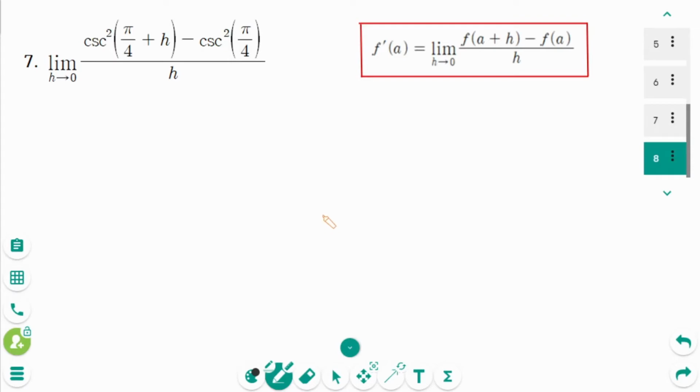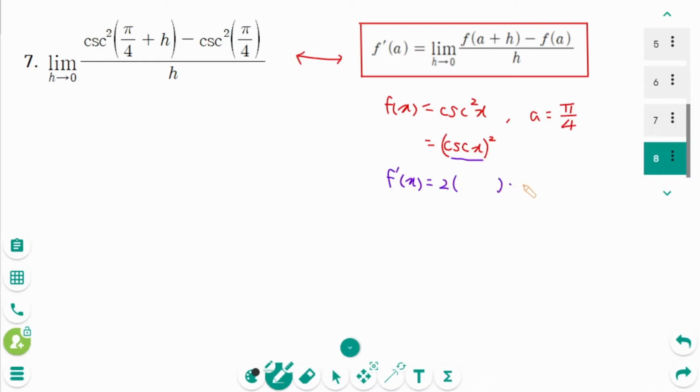Number 7. When you compare these two limits, you can see f of x equals cosecant squared x. We can rewrite as cosecant x squared, and a equals pi over 4. F prime of x equals, use the general power rule. Think of it as cosecant x equals u, then u squared prime equals 2u times u prime.